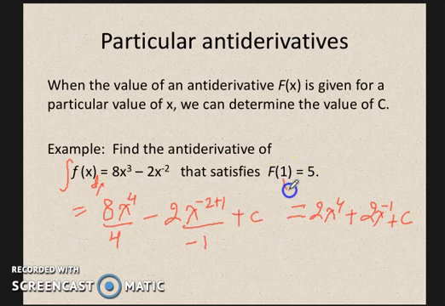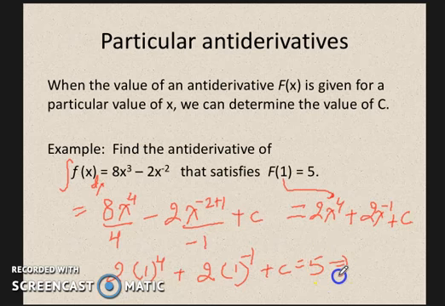Plug this 1 in here, so you get 2 times 1 to the 4th plus 2 times 1 to the negative 1 plus c, and this is given as 5. When you simplify that, you get 2 plus 2 plus c equals 5, so c will be equal to 1.